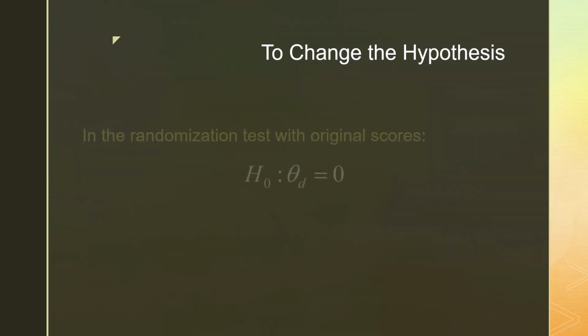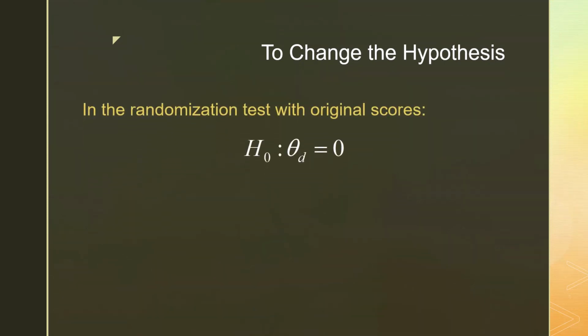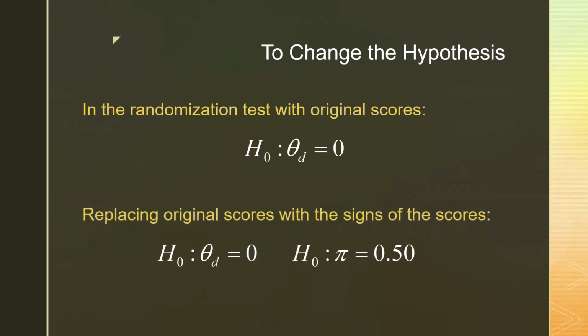In the randomization test with original scores, the hypothesis is that the median difference equals 0. That is, we are focusing on the center of the distribution, with the median being used as the definition of that center. If you replace the original scores with the signs of those scores, you have two options.